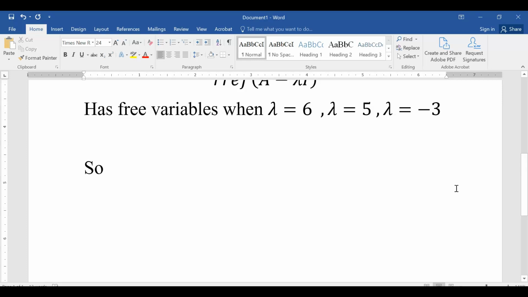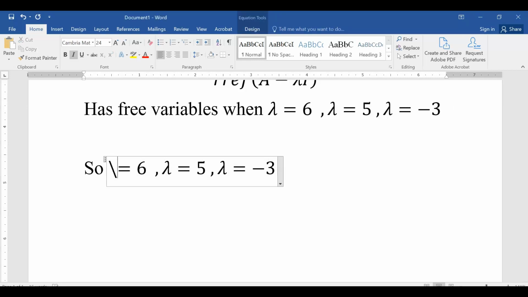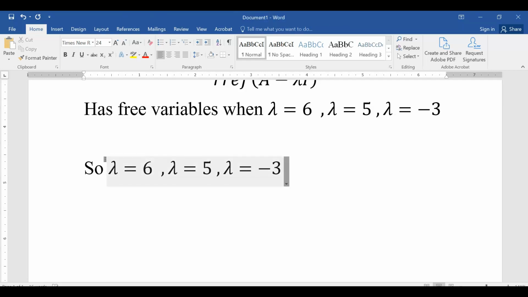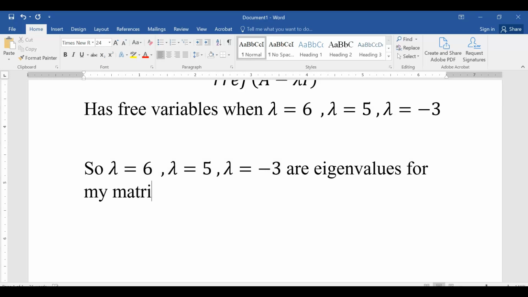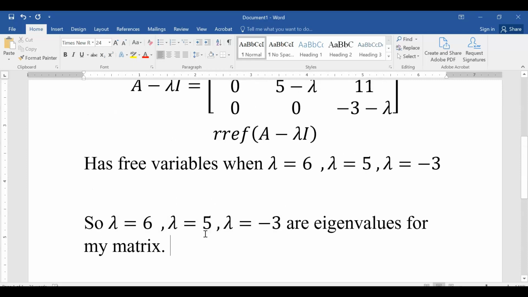So these three values, lambda equals 6, lambda equals 5, lambda equals -3, are all eigenvalues for my matrix. By the way, if we wanted to, we could find a vector for each of these eigenvalues that worked, and those types of things.